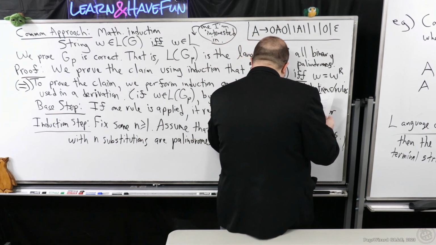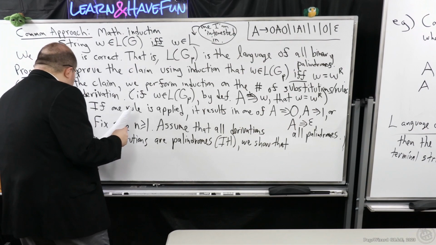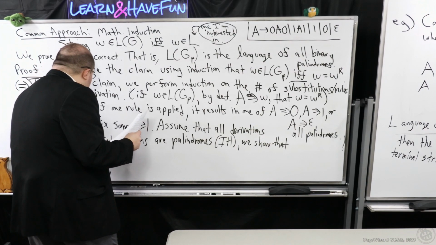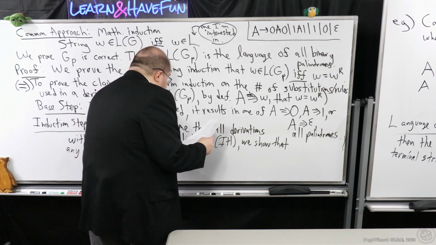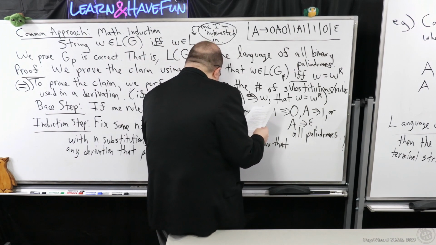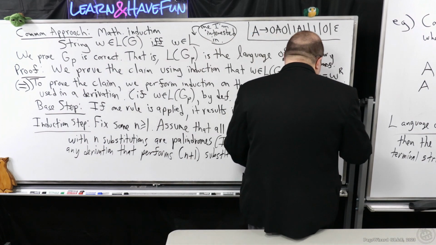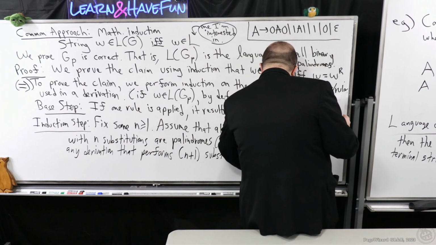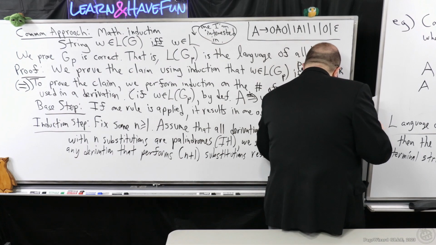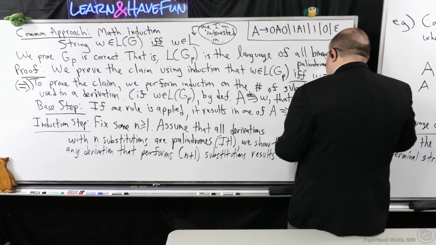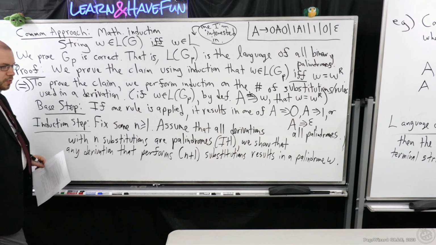We show that any derivation that performs n plus 1 substitutions results in a palindrome W. So I'm going to imagine, because remember, I've proved this for one rule, right?